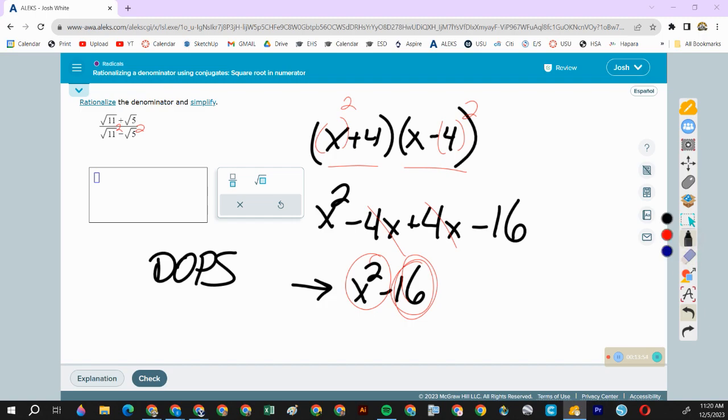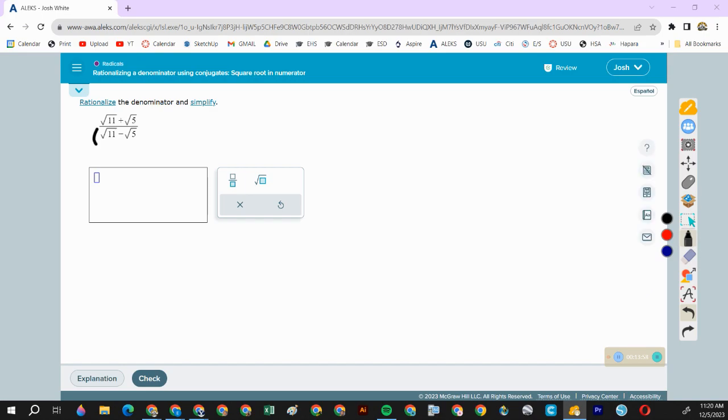So I'm going to multiply by the square root of 11 plus the square root of 5. Did I choose that because that's the numerator? No. I chose it because it is the conjugate of the denominator. Okay? And in order to not affect the value of the original fraction, I have to do the same thing to the top.